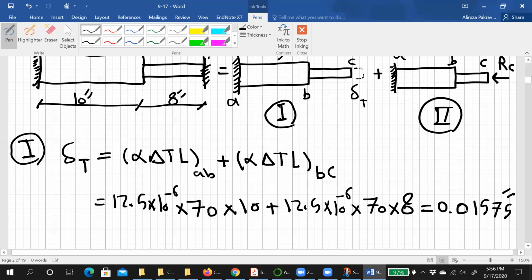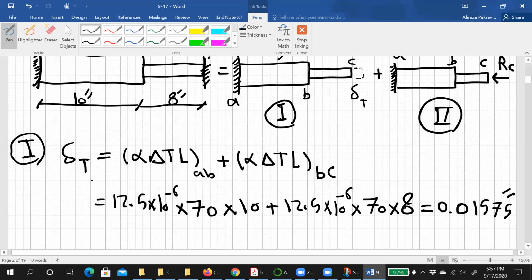So the final answer would be something between 0 to 1. If you got a very huge number, for sure you have some mistake, because I saw the people use a calculator, maybe they forgot 10 to the negative 6 and just multiply or something like that. Then they reach the huge number, right? Just make sure, look at your answer. It should be reasonable because the elongation would be a very, very little number, right? The elongations.